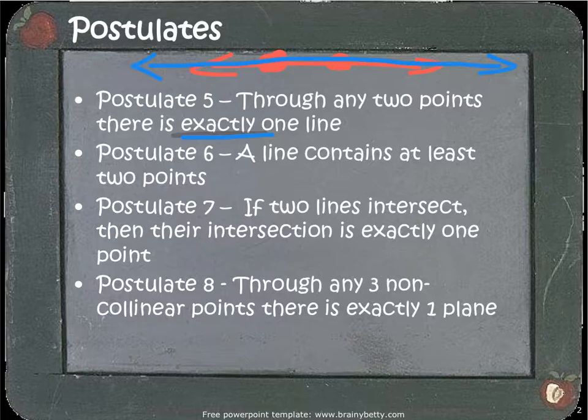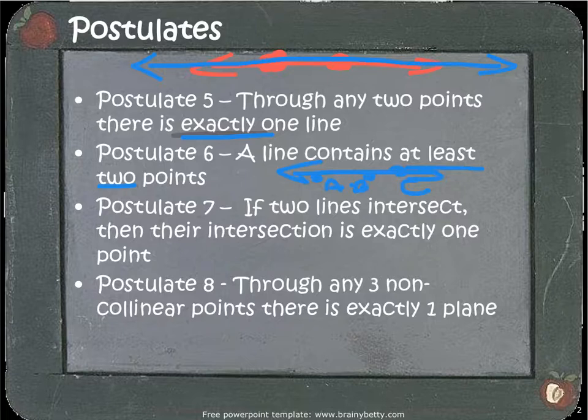Postulate 6 states that a line contains, and here the key words are at least 2 points. There could be more points on the line, but all we need is a minimum of 2 to make a line. So for example, if I have A and B here, I can make my line, but also on that line could be point C. So we just need at least 2 points to make a line.